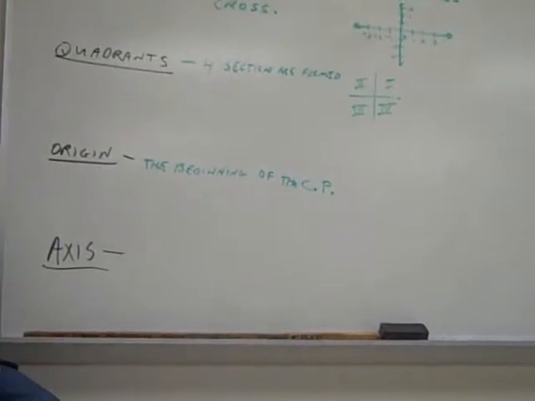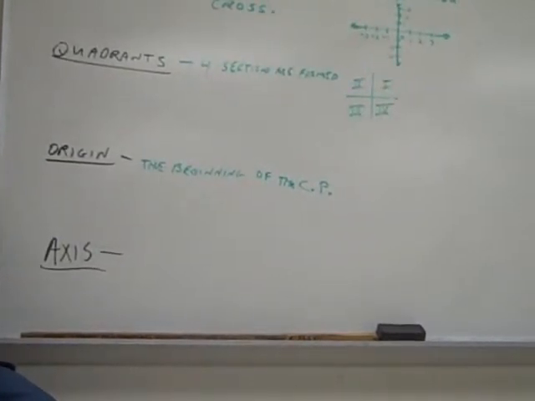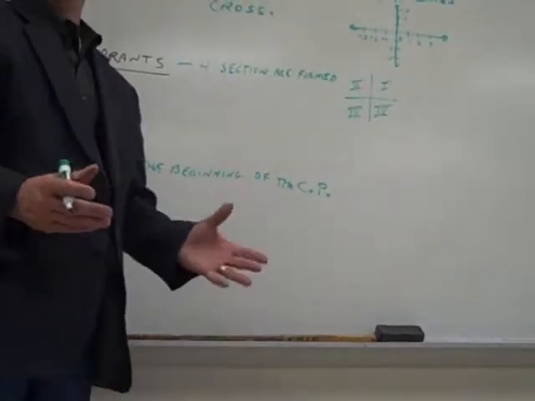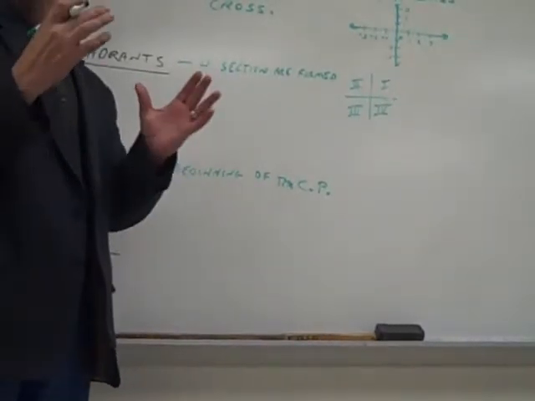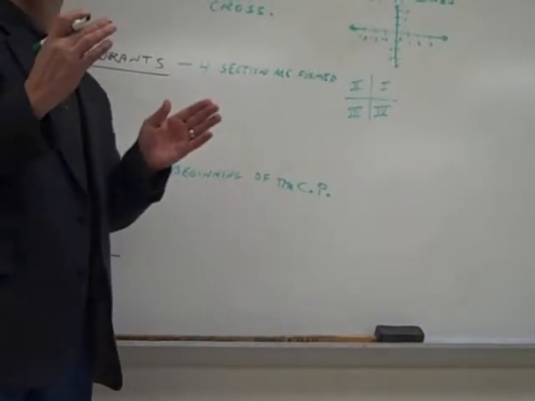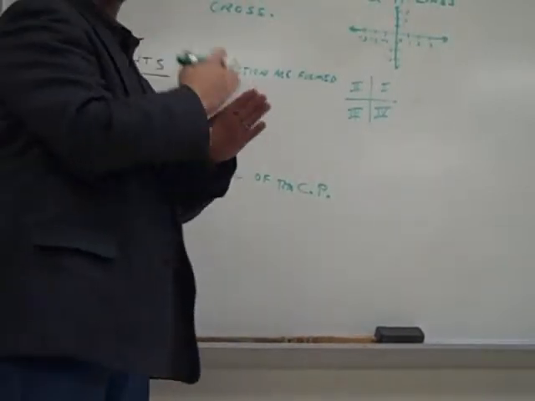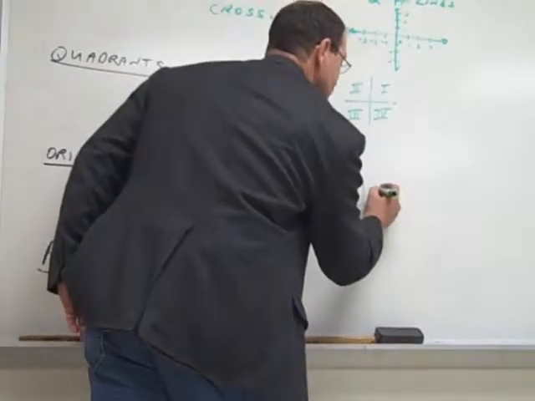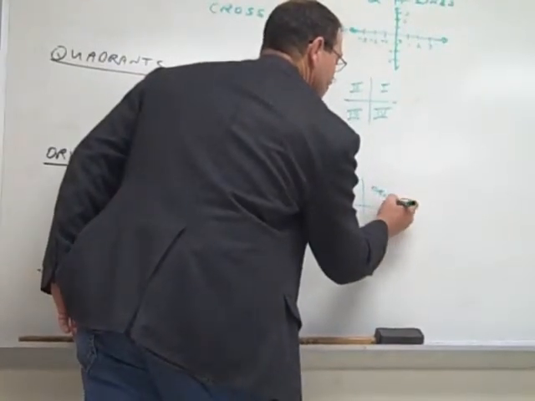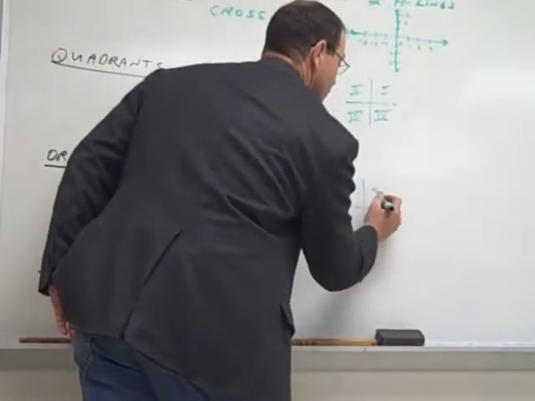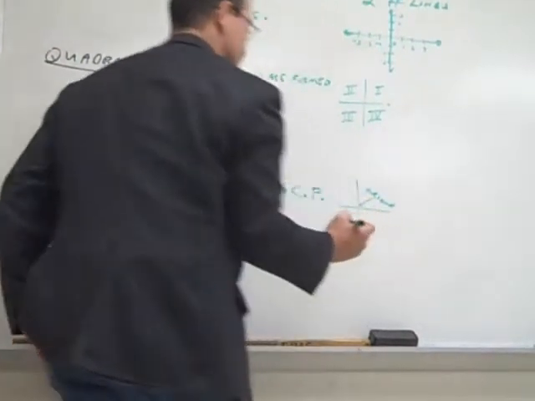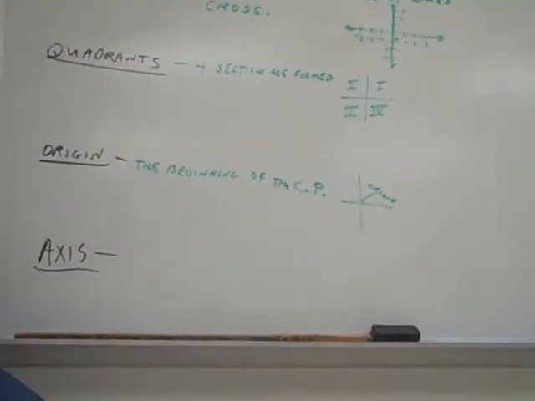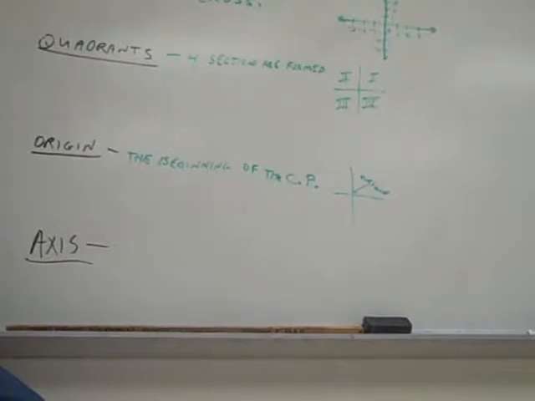Where is the beginning of our coordinate plane? The 0. The middle. The exact spot where the two lines cross. So draw a quick little thing, write origin in it, and draw an arrow to right there. That is the origin of our coordinate plane.